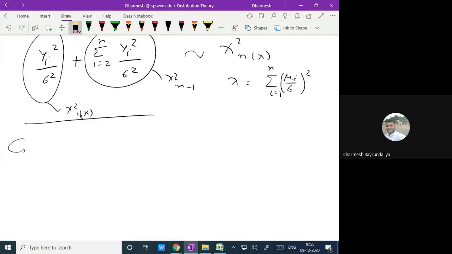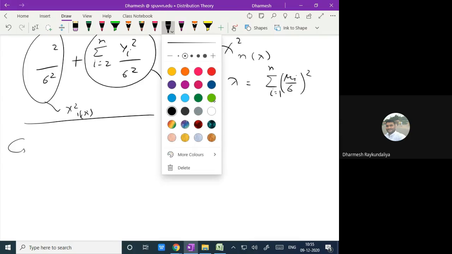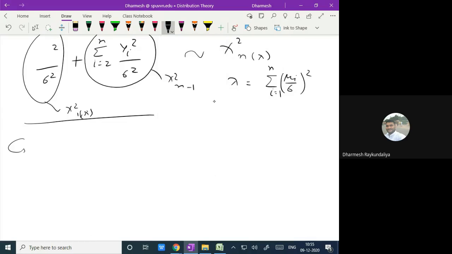So this is in fact nothing but the y1 square.